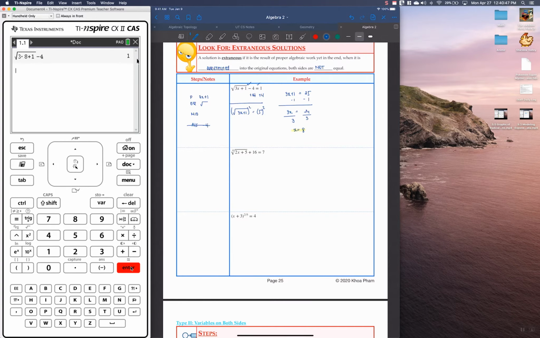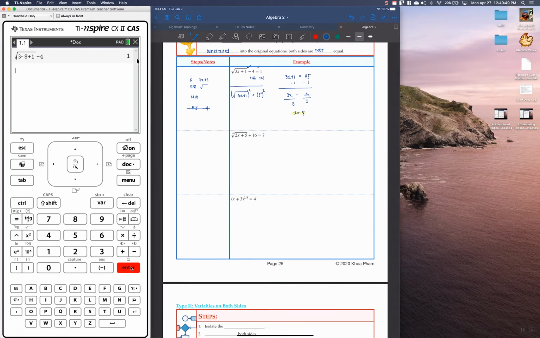It's not extraneous. Here we subtract 16 from both sides. You get that the fourth root of 2x plus 5 is equal to negative 9. Remember here, if we set up our PEMDAS, we have 2x plus 5 underneath that radical. We have a fourth root.